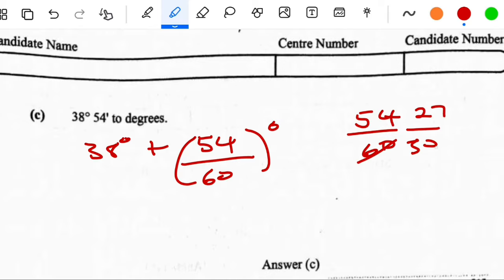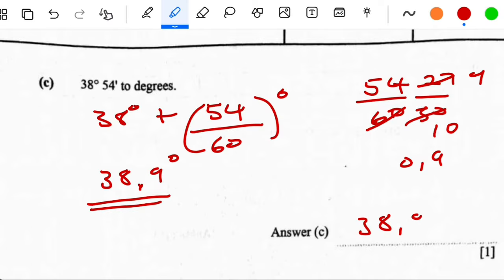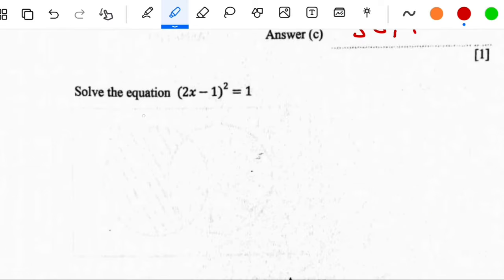Then now I can reduce by 3. 3 here is 10. 3 here is 9. So it's 0.9 there. So now I've got 38.9 as my answer. So yes, 38.9 degrees. Then number 9, solve the equation.